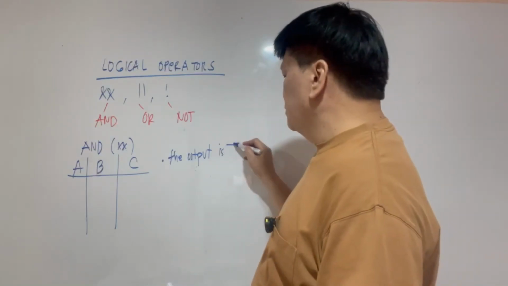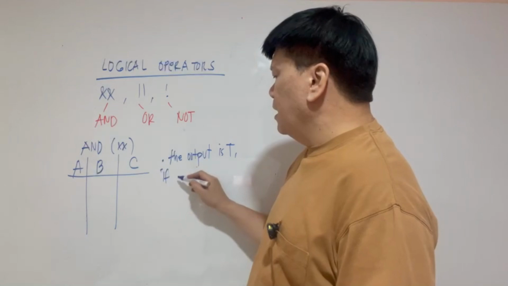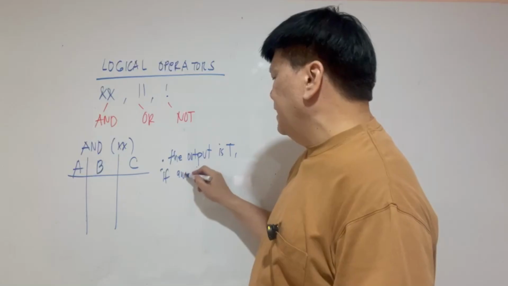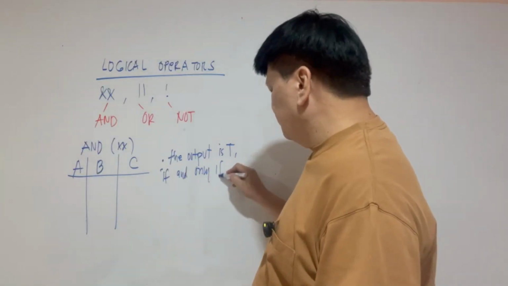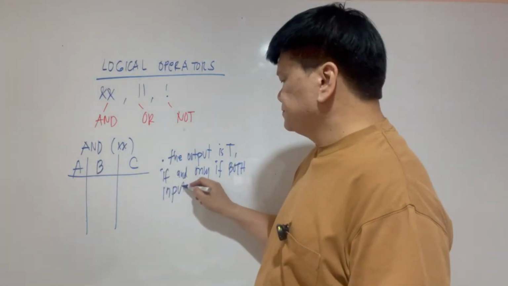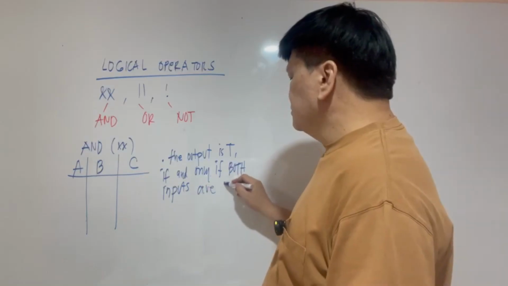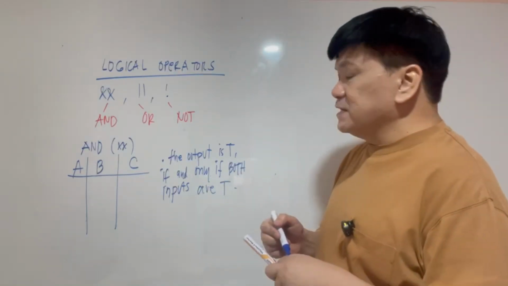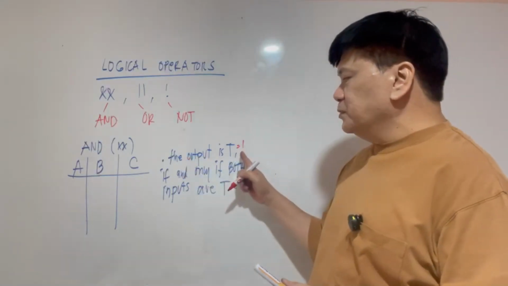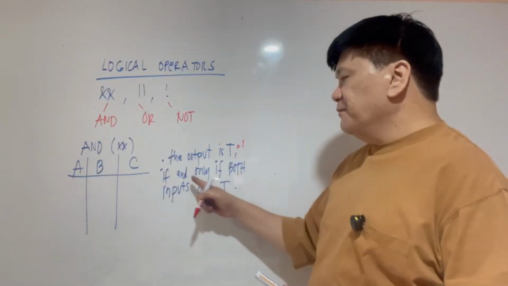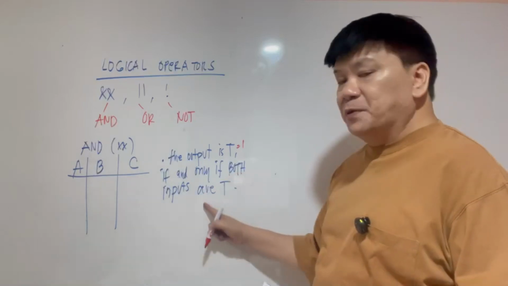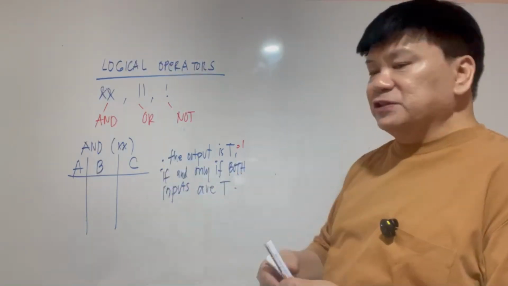The output is true if and only if both inputs are true, where true is equivalent to 1. So again, you will get an output of binary 1 if and only if both inputs are true. Now let's go back to the truth table.